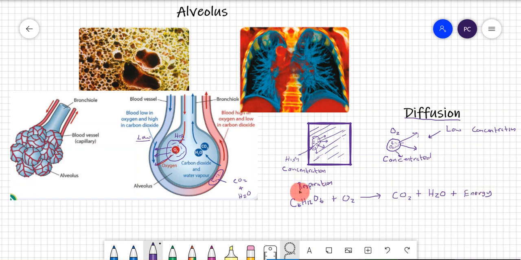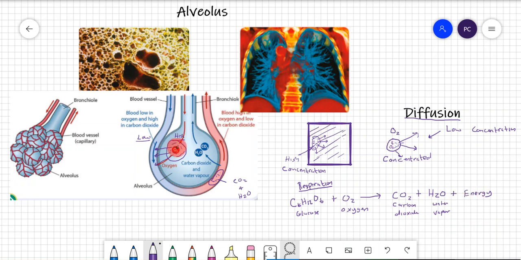So respiration is the release of energy from food. Again, this is the glucose, this is the oxygen, this is the carbon dioxide, this is water vapor, and this is the energy that's produced.